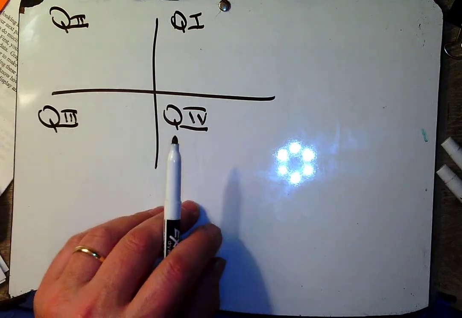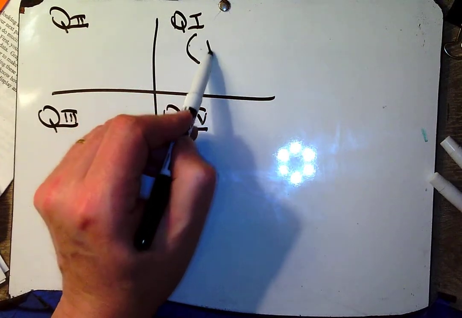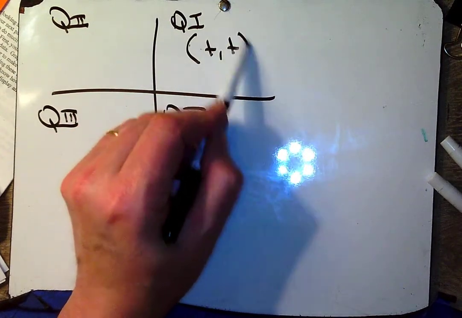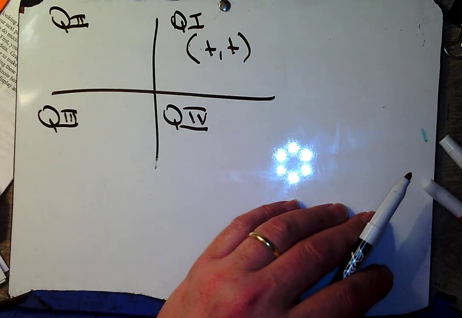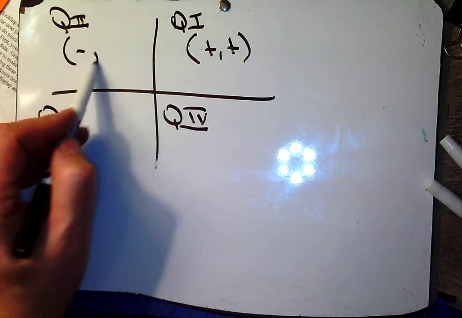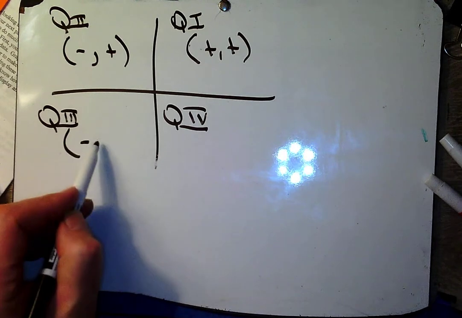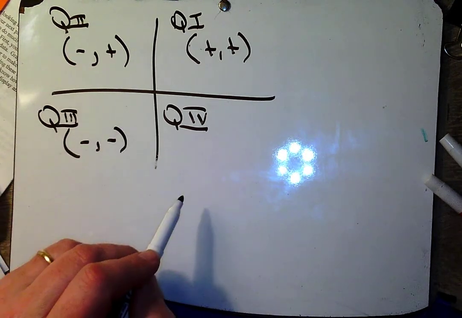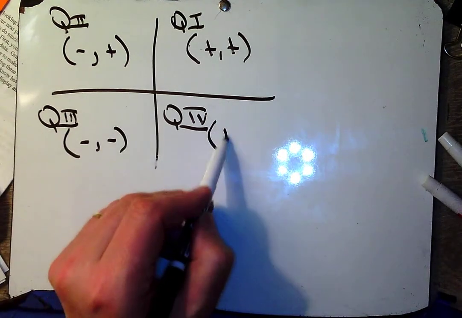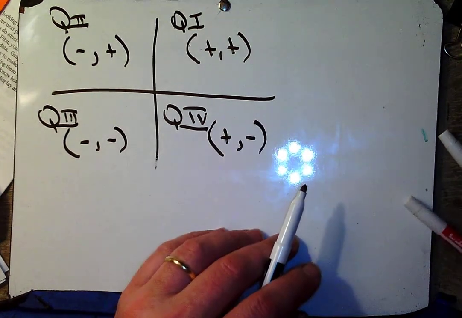But what I do want to notice is, in the first quadrant, all of the ordered pairs have positive x's and positive y's. In quadrant 2, I have negative x's and positive y's. In quadrant 3, both the x's and y's are negative. And in quadrant 4, the x's are positive, but the y's are negative.